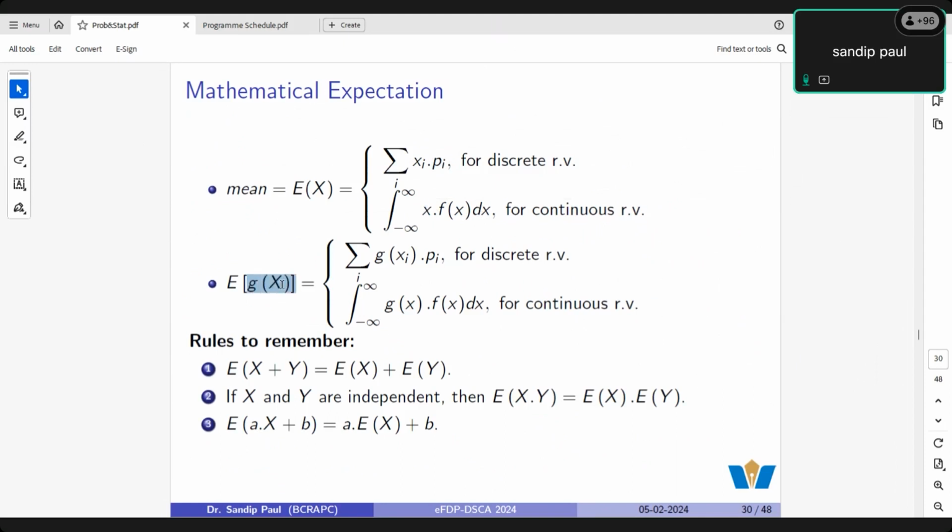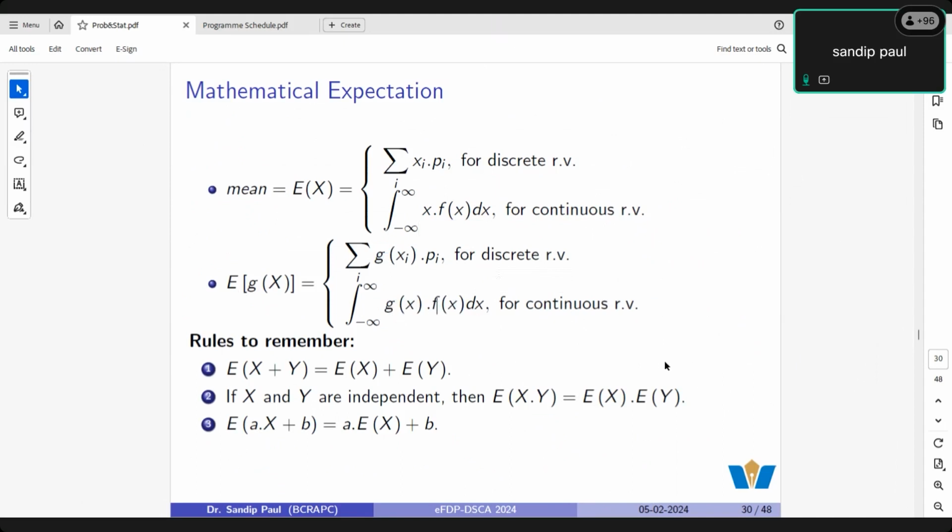Similarly, for any arbitrary function of x, not necessarily only x, we can find x square, x cube, or any linear or non-linear function of x. For all types of functions, we can find their expected value by taking the function values times the probability at particular xi and summing them. Similarly, for a continuous random variable we follow the same procedure, but here we integrate the product of the function and its PDF.